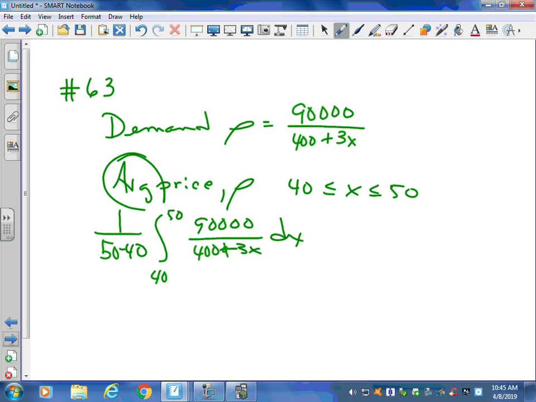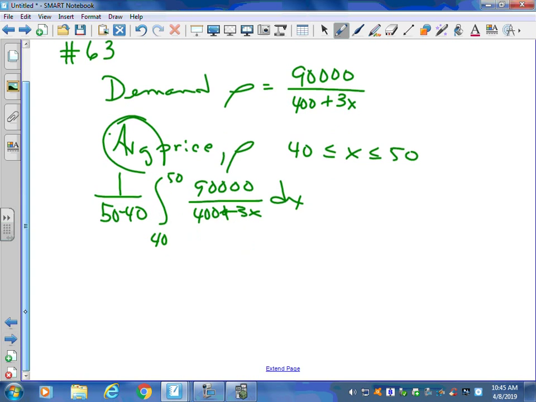Everybody with me so far? So we've got our formula set up because the word average means to put this fraction of 1 over B minus A in front. It said to do it to the price, and this is the price formula. That's what demand is all about. What price are you going to set it at so that there'll be a lot of demand for it? Because if you set the price too low, you won't make any profit.